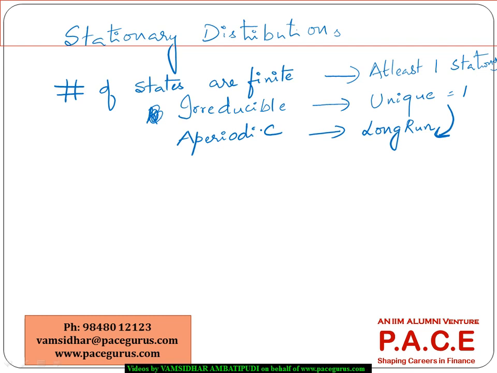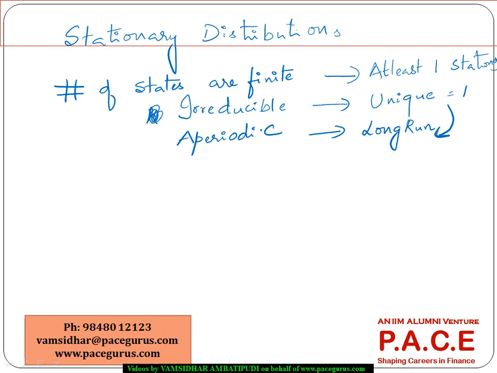So these are the reasons why we look at the number of states, the irreducibility, and the aperiodic nature in the Markov chain, so that we can make conclusions about the long term probabilities. If a process is starting in state I now, what are the probabilities that it will go into state J, K, L, M after the long run?